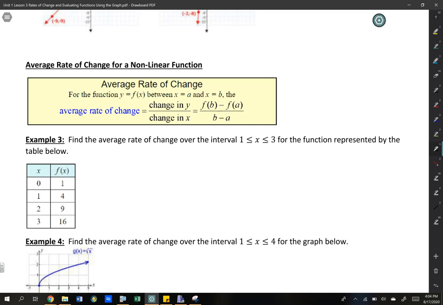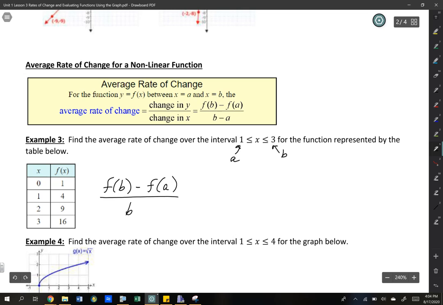Find the average rate of change over the interval from a to b. In this case, it's from 1 to 3, for the function represented by the table below. I always like to write the formula, especially when it's new. And then let's start filling it in.